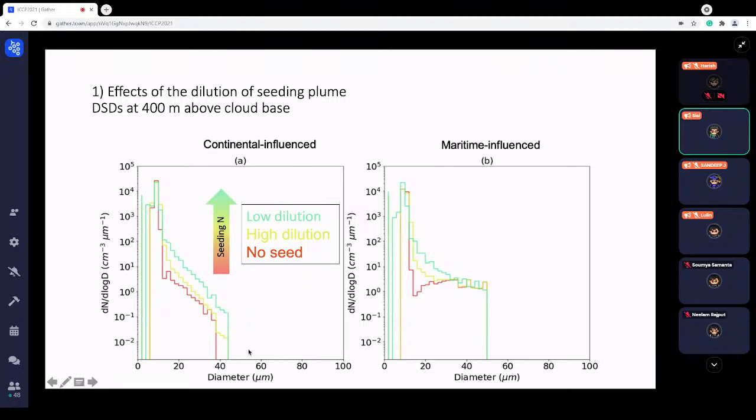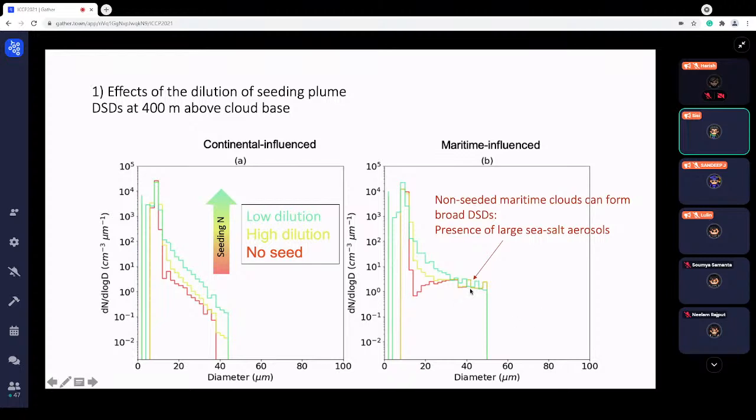The seeded size distribution is broader, and overall the concentration of droplets over 10 microns in radius is also higher in seeded clouds. In contrast, if we look at the maritime influence, the DSD did not show a substantial broadening in the seeded condition.